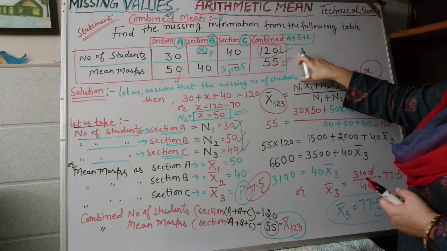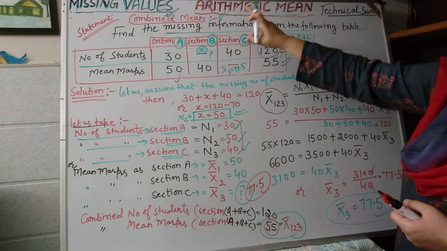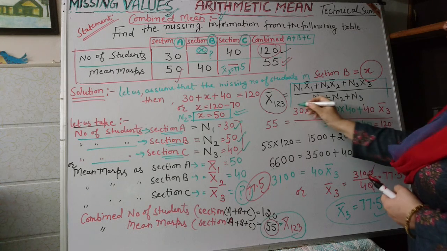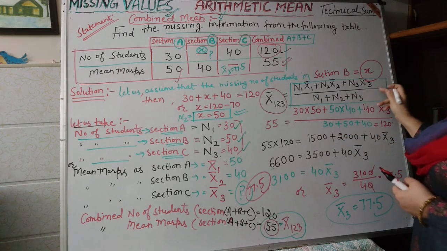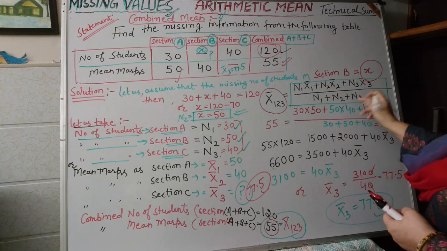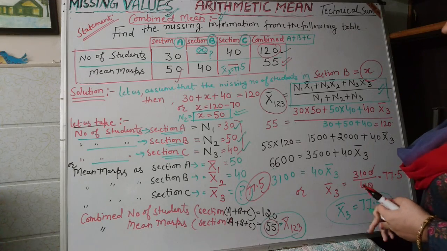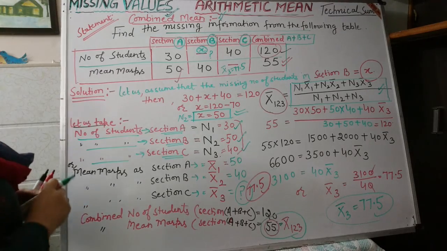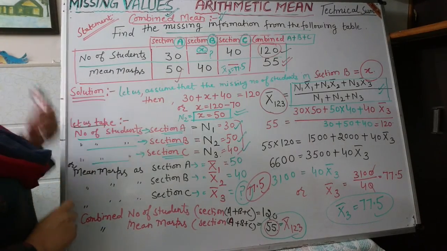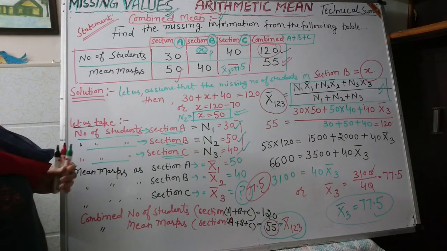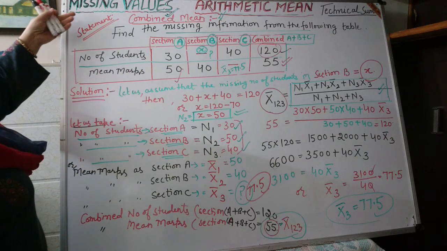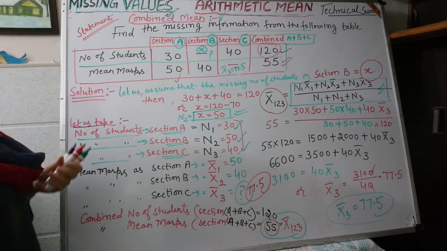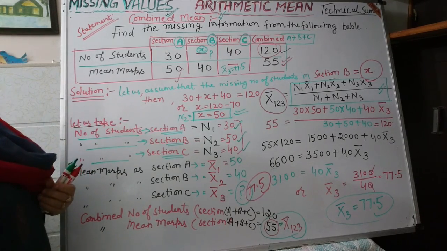Now we have recognized that these values are related to combined arithmetic mean, and we have put the given values in this formula and derived all the missing values. In this way we can calculate any missing values. We can calculate either the missing frequencies or missing values in any series related to arithmetic mean.